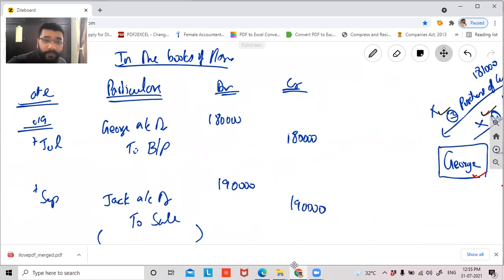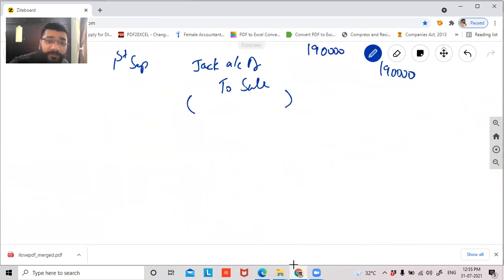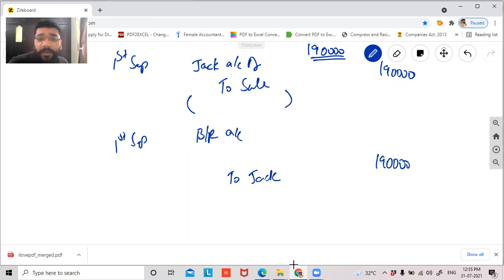Yes, sir. So now on 1st of September, one thing is very clear: Jack's liability to pay Harry, or Harry's expectation to receive from Jack, is met. How? We'll see. We need to close Jack's account. How is it closed? By getting a bills receivable worth 1,80,000 rupees.